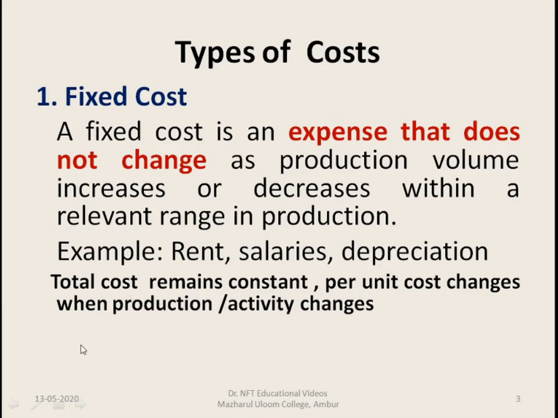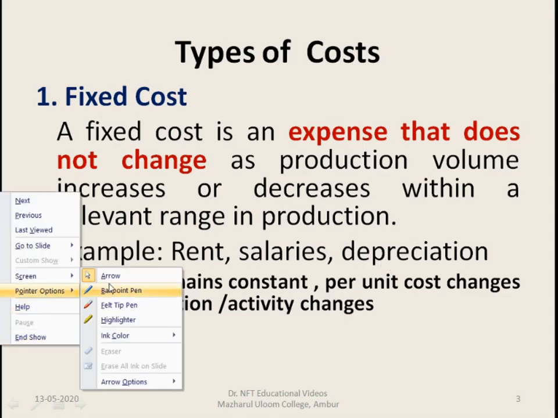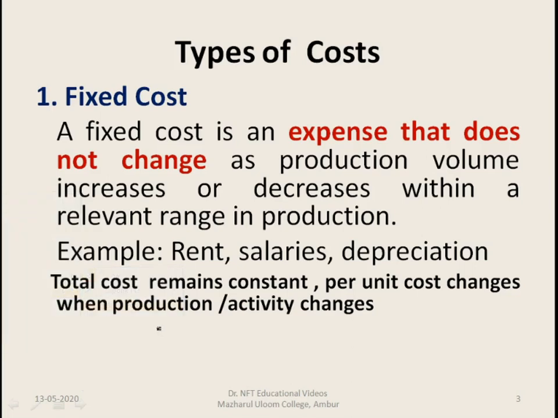To make it clearer, I'll give an example. Suppose you hire a factory place for rent to do the business, and assume the rent for the factory per month is rupees 10,000.